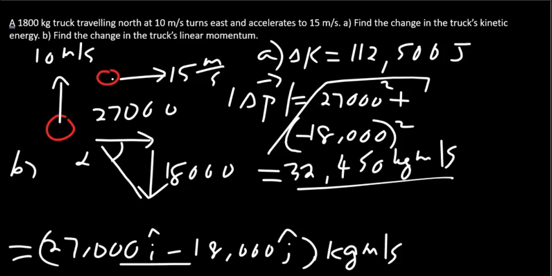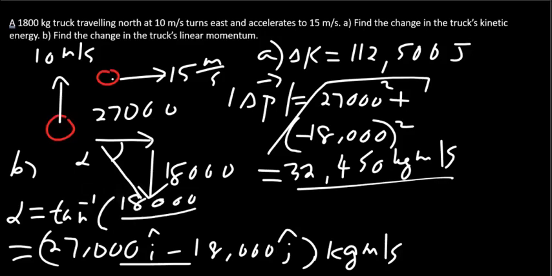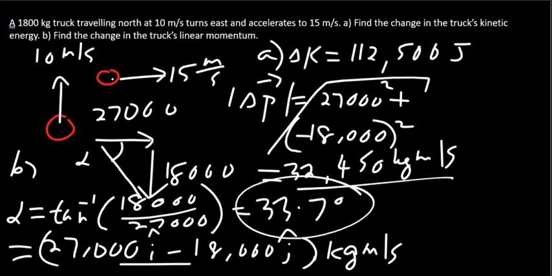From the diagram and trigonometry, we know alpha is arctangent of 18,000 over 27,000, and that's going to give you 33.7 degrees. Because the direction of the change is like that, we say it is 33.7 degrees south of due east.